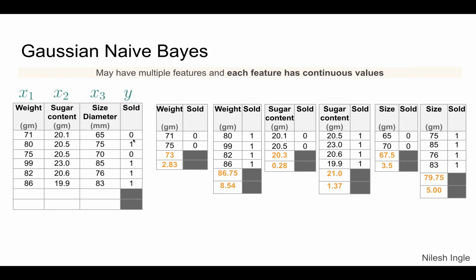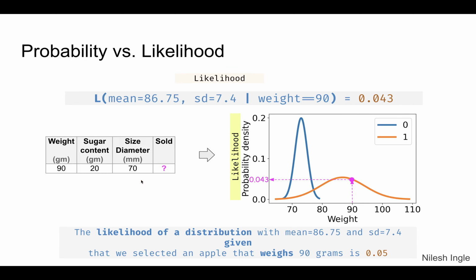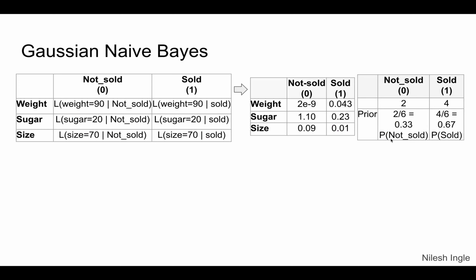In total we have 6 samples. So the prior for class 0 would be 2 by 6, and the prior for class 1 would be 4 by 6. And that's what we have in this table.